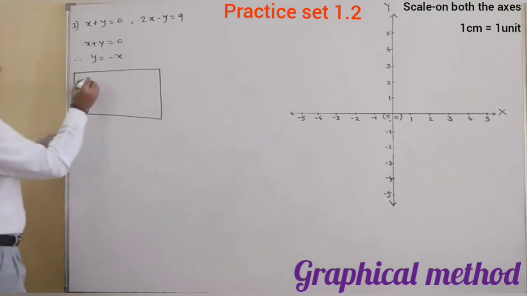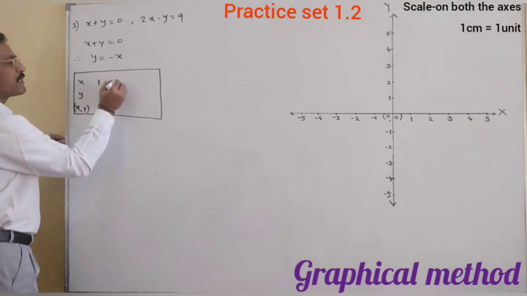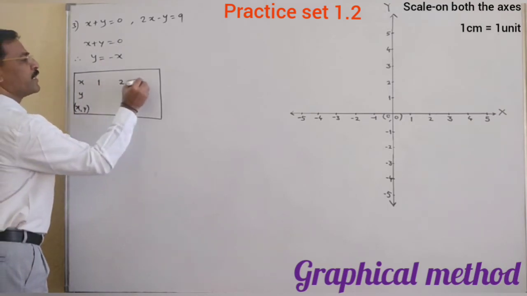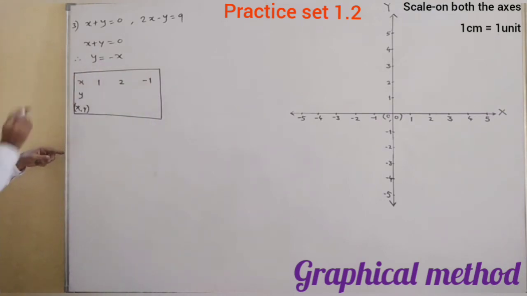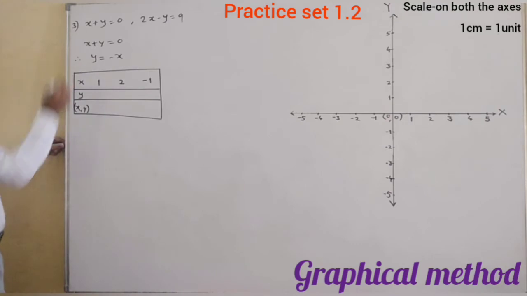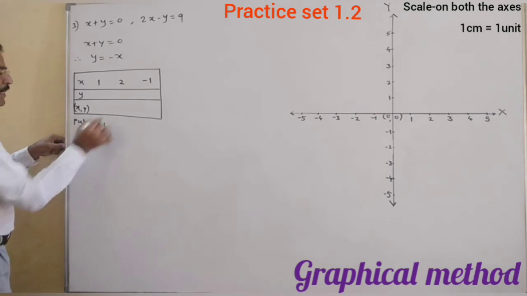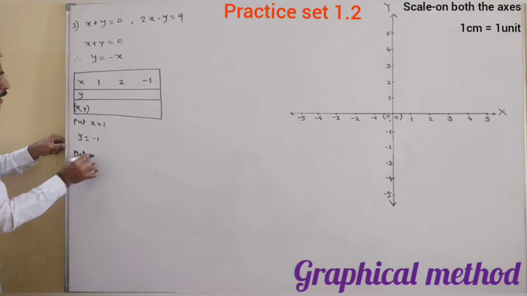Okay, so see here, we take for example 1, and afterwards we can take 2, and here minus 1, like this. So we'll put the values. Let's see what will come. Put x equal to 1, so y equal to minus 1. Similarly, put x equal to 2. Then what will we get here?